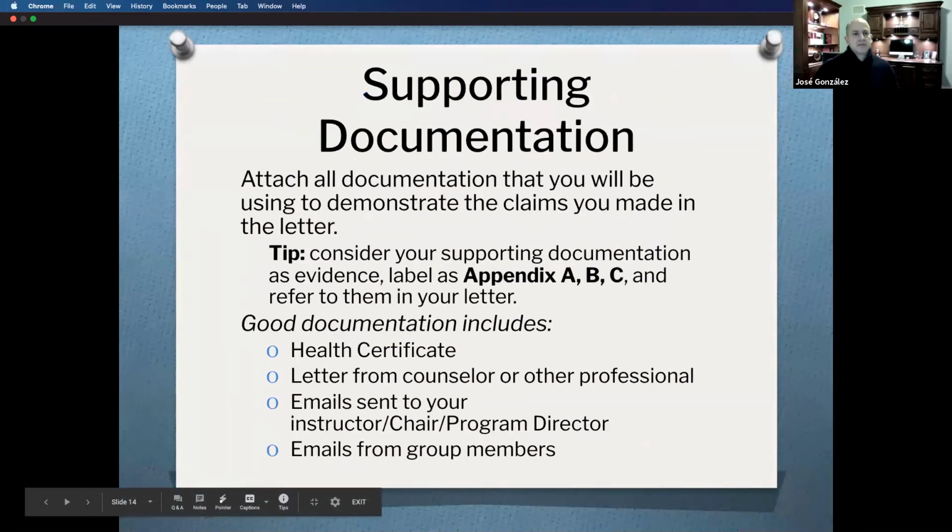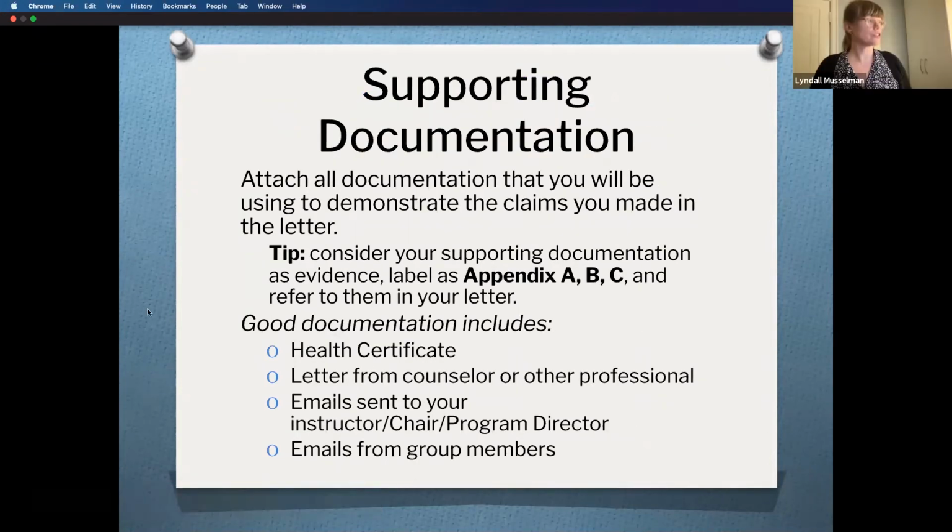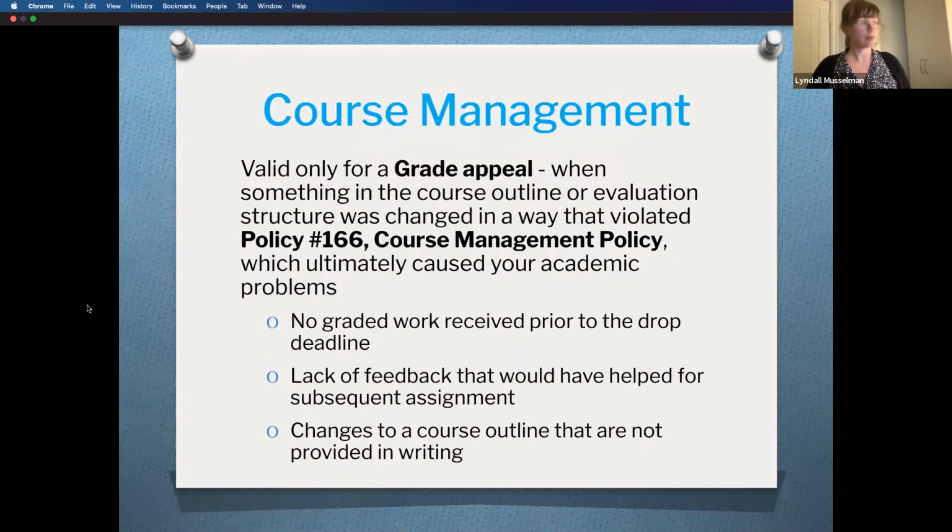What about unfair treatment, Lyndall? Oh yeah, that's true. Yeah, so unfair treatment or bias: if you think that there is a biased evaluation by your professor or treatment in a course, that is still under this grounds of appeal.